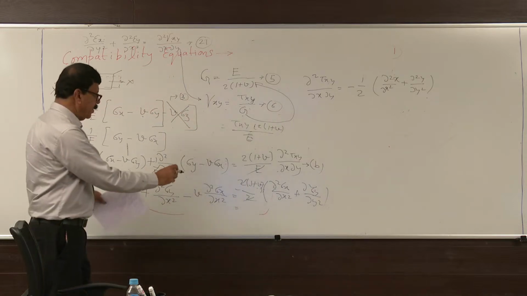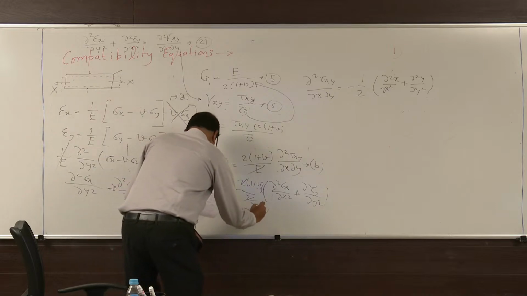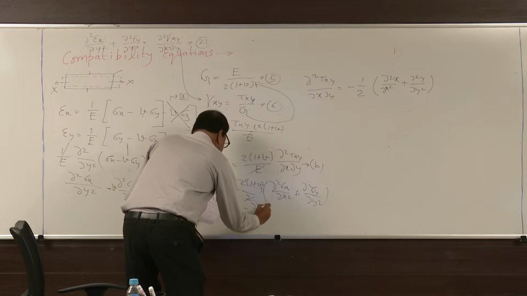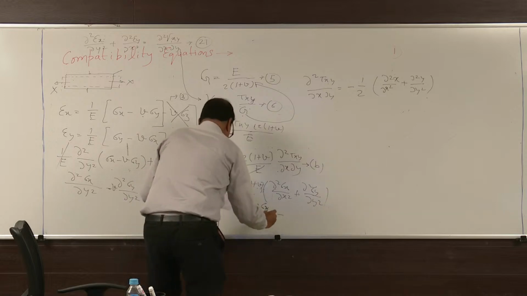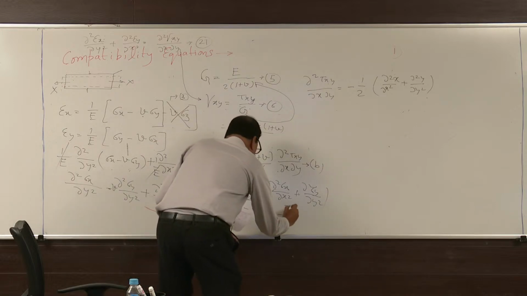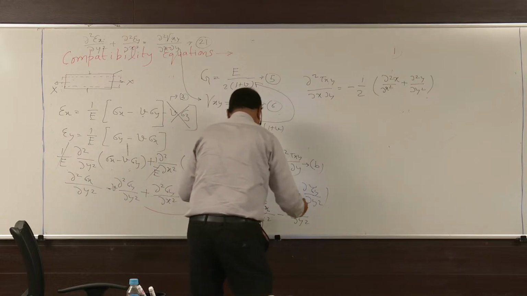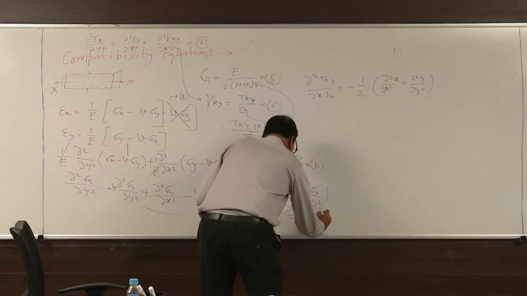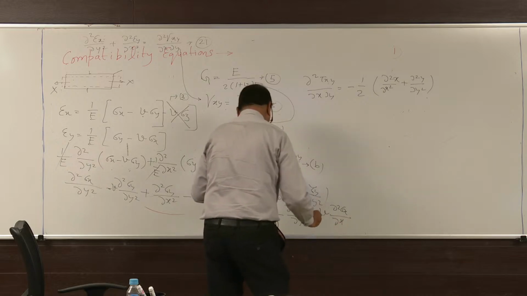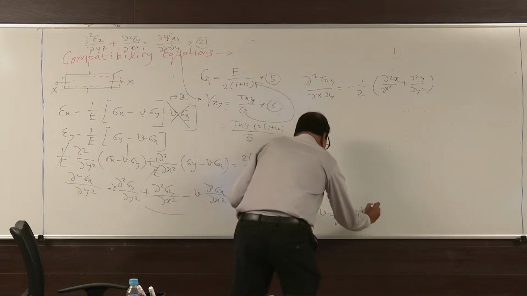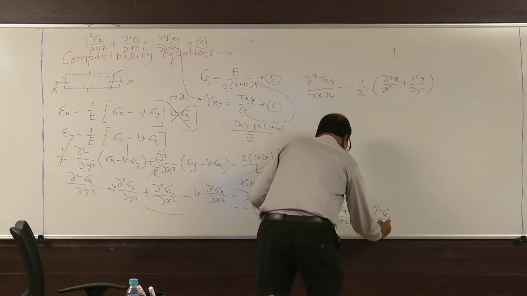The lower part is visible, na? Minus del square sigma x upon del x square minus del square sigma y upon del y square minus v del square sigma x upon del x square minus v del square sigma y upon del y square.